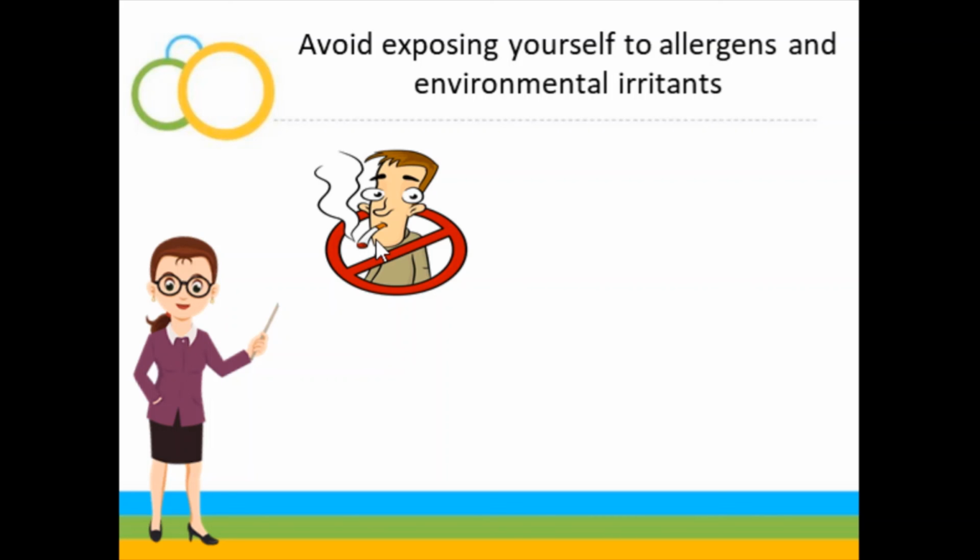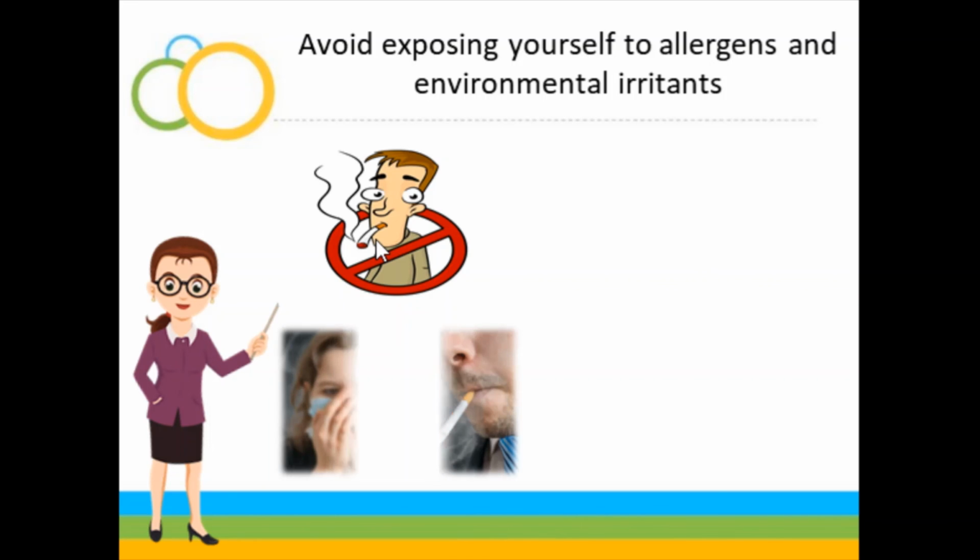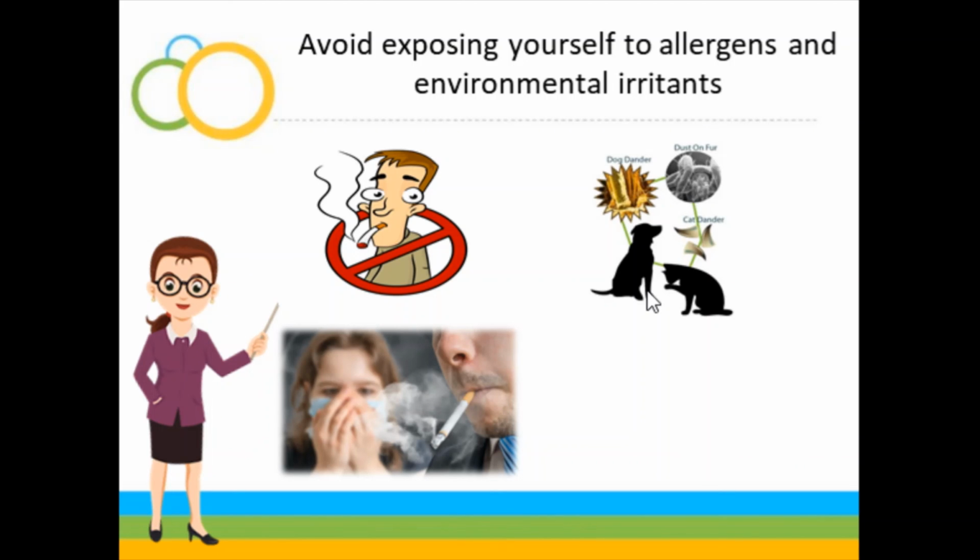Another example, you have to stay away from people having cigarettes, and you yourself must not have smoking habits because it directly damages your body. Third example, stay away from dog dander or animal danders.